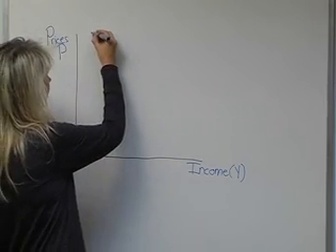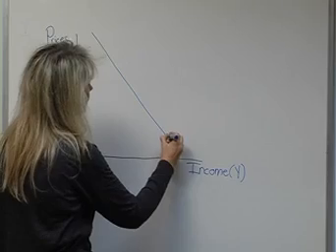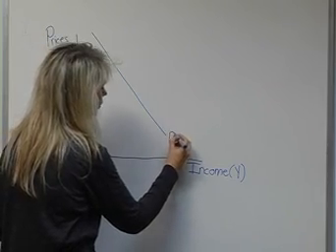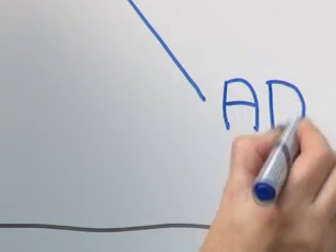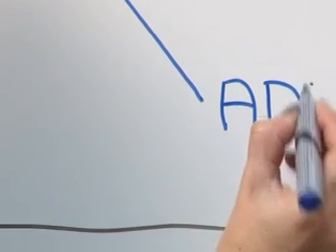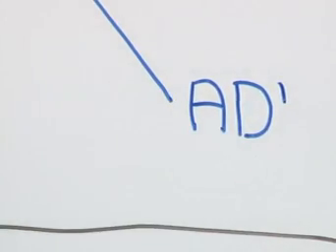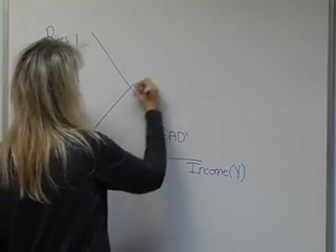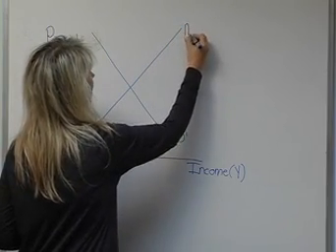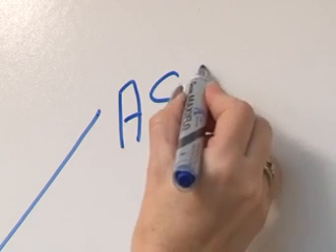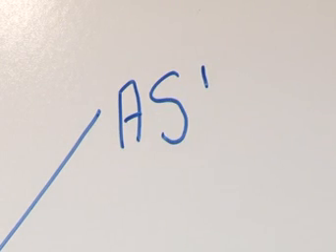Then we show the aggregate demand curve. And this is the original one, so we call it 1. And we show the aggregate supply curve. The original one, so we call it 1.